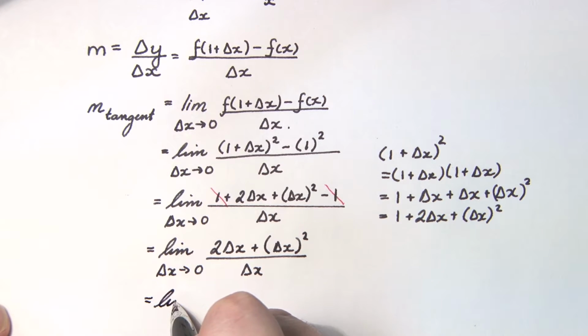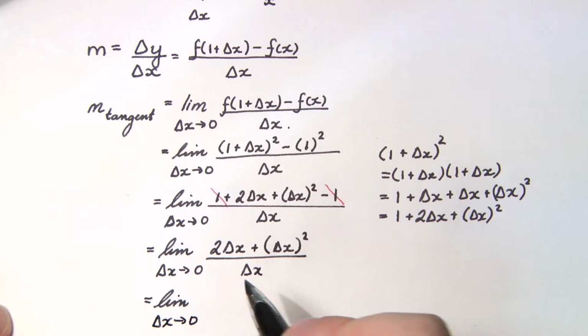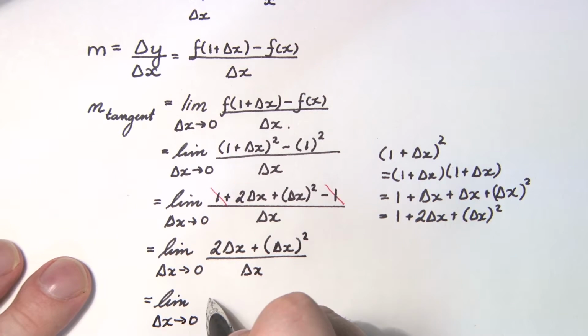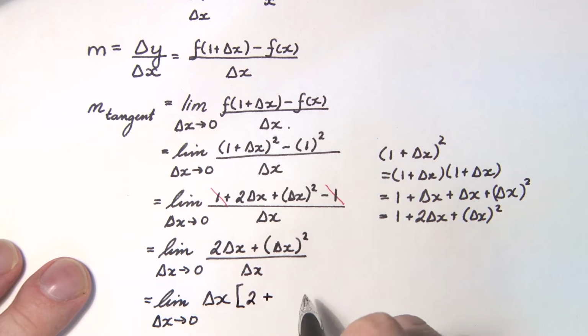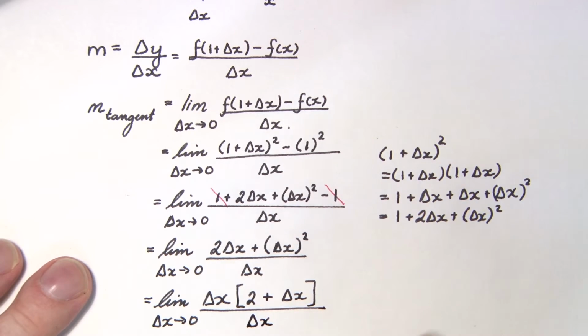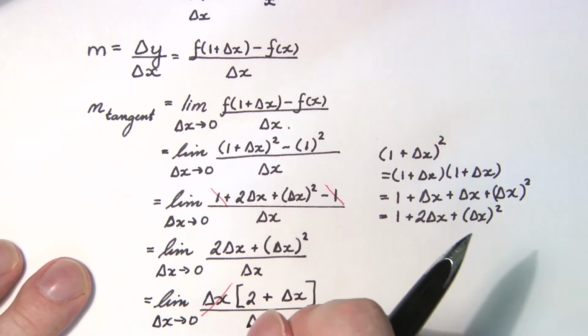So I have the limit as delta x goes to 0, and I factor out the delta x, so I'm left with 2 plus delta x, all divided by delta x, and I can cancel out those.